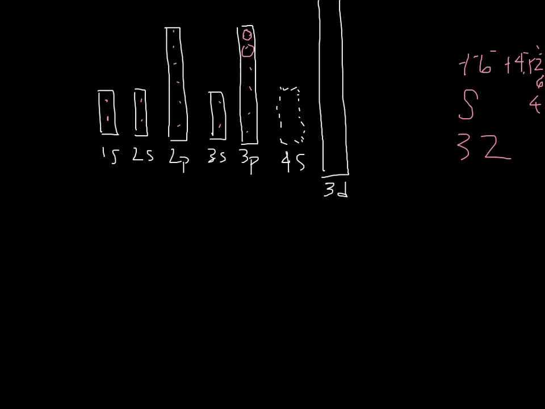And just as an FYI, for those of you that are interested in kind of knowing more about that, here's the order for filling the orbitals. It goes 1s, 2s, 2p, 3s, 3p, 4s, 3d, and that's what we filled out so far.